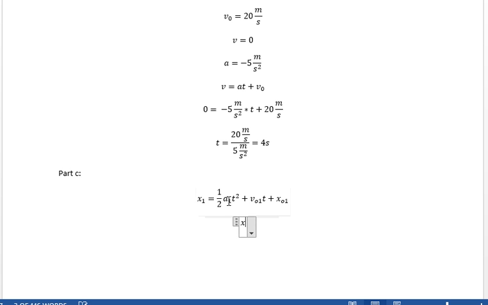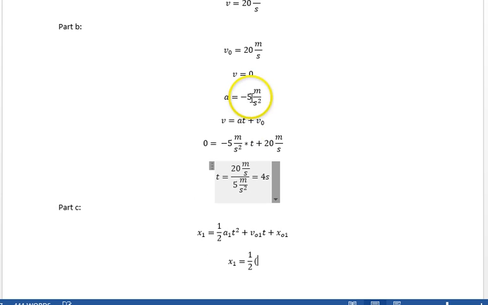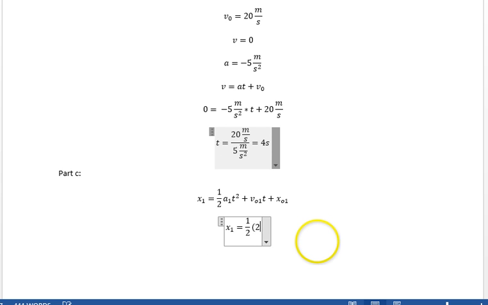So we're left with x₁ equals ½ of, what was that acceleration? 2 meters per second squared, times 10 seconds squared.